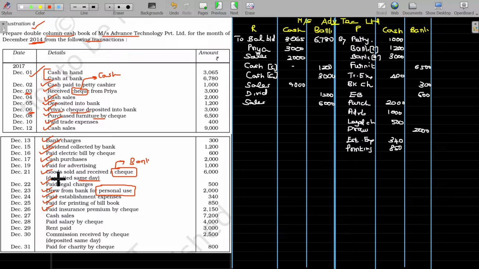Paid insurance premium by check, so insurance premium, the value being 2150 in the cash column, okay, by check, sorry, it's in the bank column, 2150.